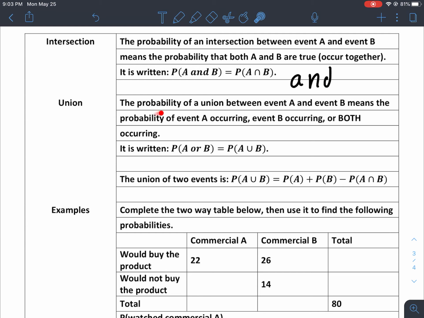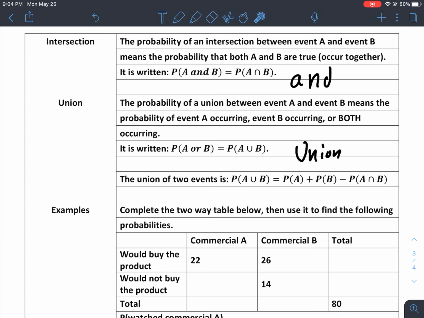A union, the probability of a union between A and B, means the probability of event A occurring, event B occurring, or both occurring. And it's written P of A or B, which has this U in the middle, which I remember because union starts with that U. So and, or.